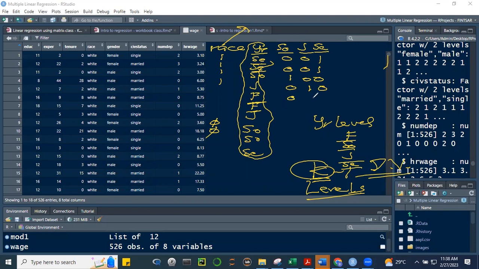Frosh, 0, 0, 0. Yan. Kita nyo, class? Lahat ng levels accounted for. Okay, so no need to put here an F. Hindi na kailangan yun kasi dito pa lang na accounted for na si Frosh.